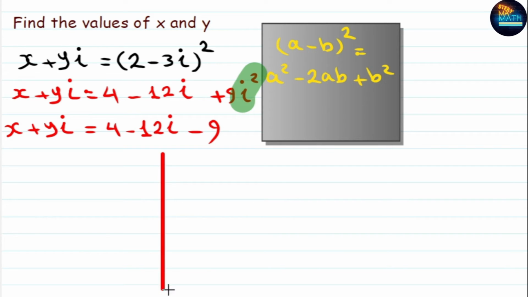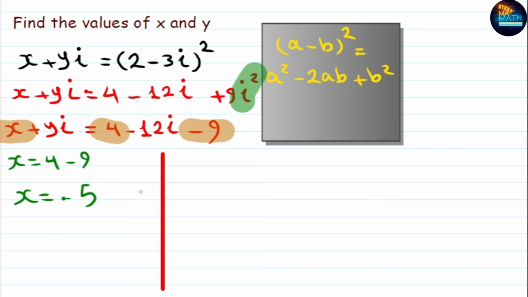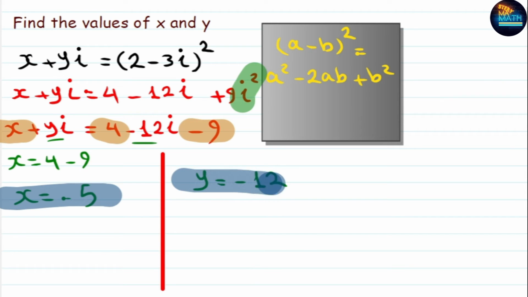The real parts are the terms that don't have i, which are x on the left-hand side and 4 and negative 9 on the right-hand side. So x is equal to 4 minus 9, which is negative 5. Now let's get y. y is equal to negative 12, the imaginary parts. So the answer is x is equal to negative 5 and y is equal to negative 12.